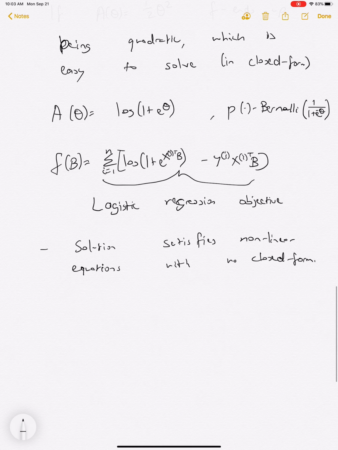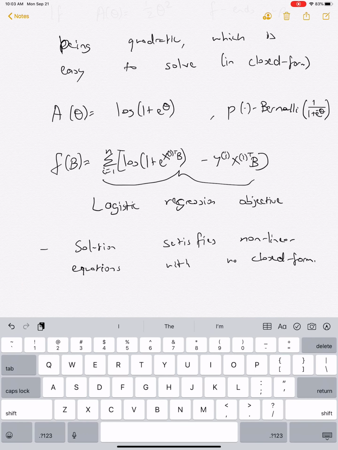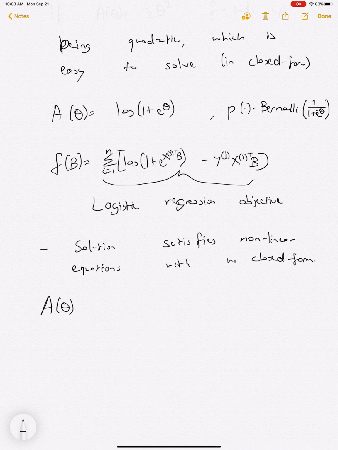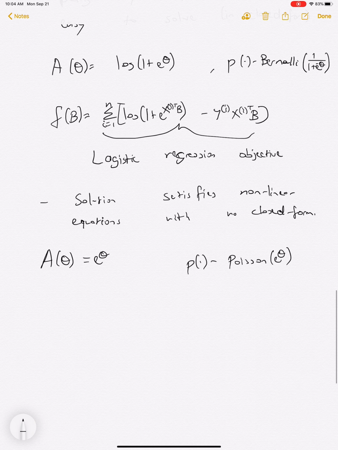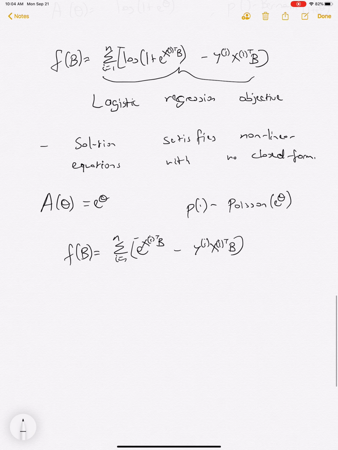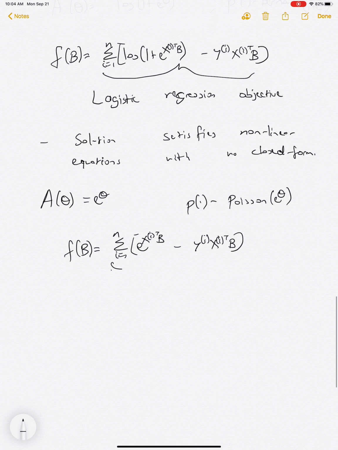Okay, and then the other example that we've seen quite a bit is for A of theta equals e to the theta, and that corresponds to p being the Poisson distribution, with the lambda value being e to the theta, and so the objective function, which is the negative log likelihood that we have in this case, is just, and this is referred to as Poisson regression objective.